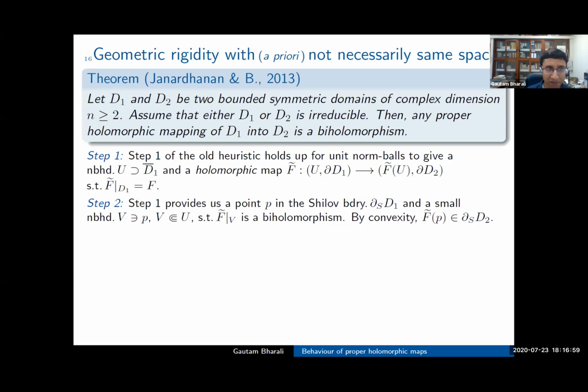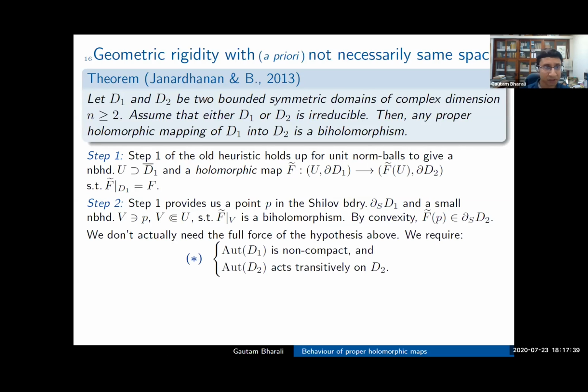The upshot of step two, and here is where I start diverging from my original heuristic: I can always find a point on some part of the boundary of D1, and a sufficiently small Euclidean neighborhood of this point P, so small that it lies within the domain of the extension of F defined in step one, such that F tilde is a biholomorphism there. Okay, so this is step two.